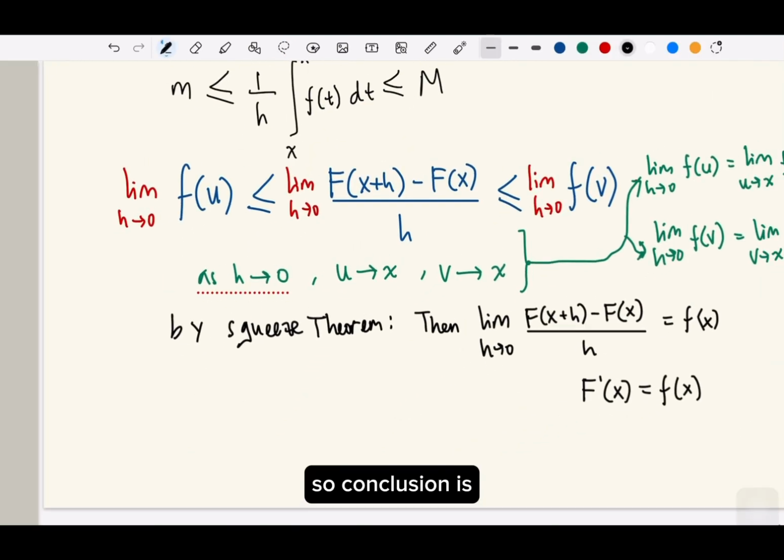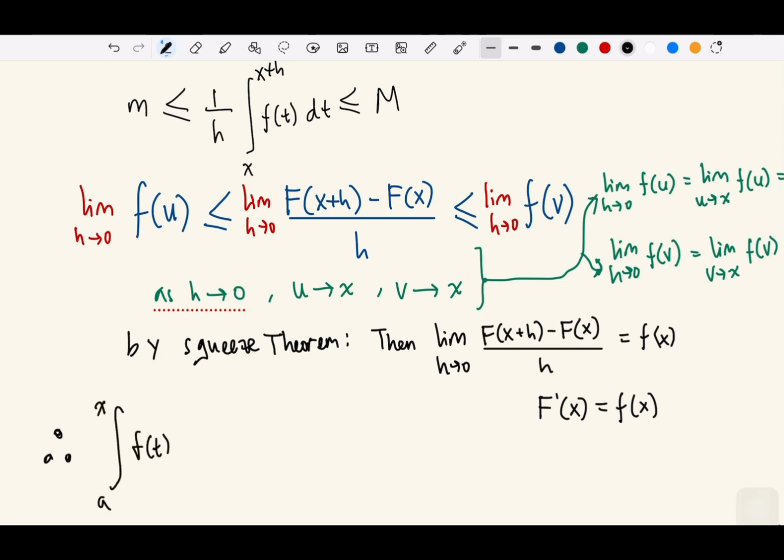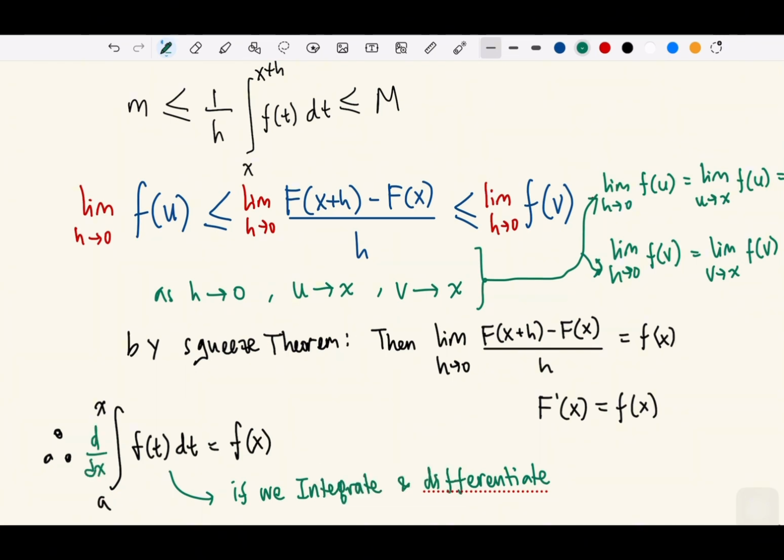So the conclusion is, if we have this equation, so if we integrate and differentiate, or this is d/dx, we will go back to f.